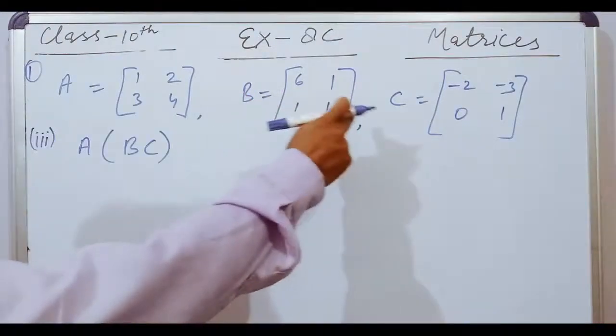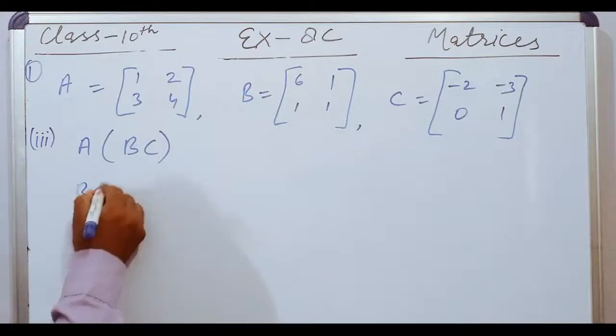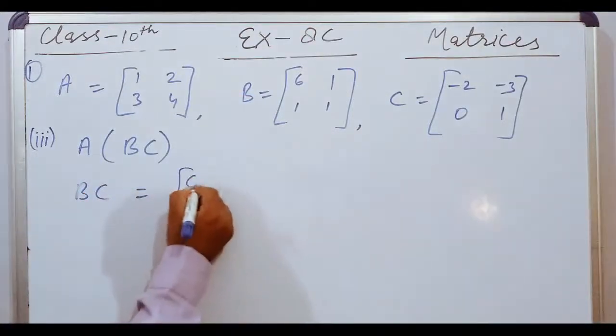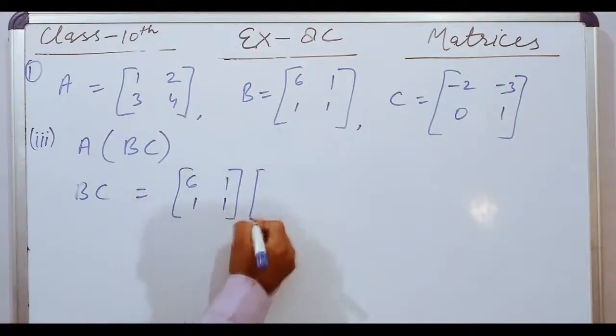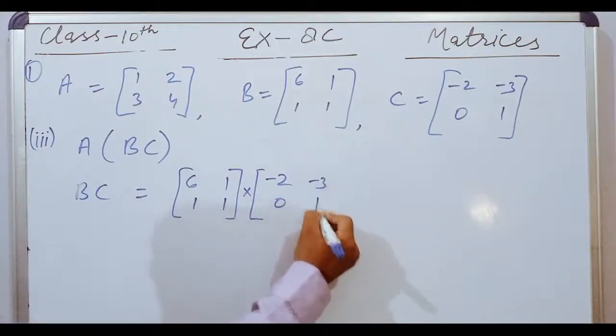Now B into C, BC. B into C equals [6 1; 1 1] into [-2 0; -3 1].